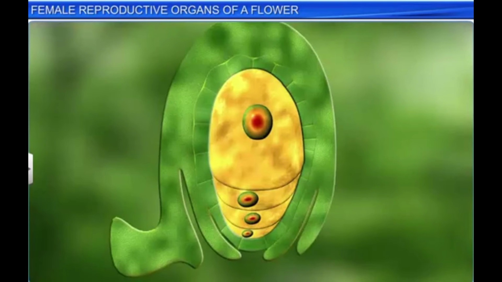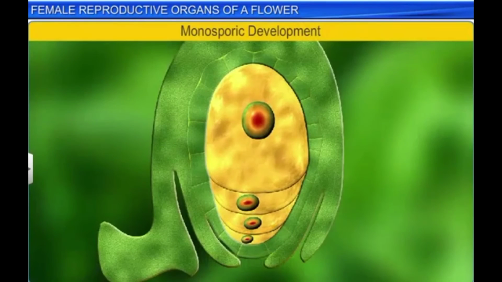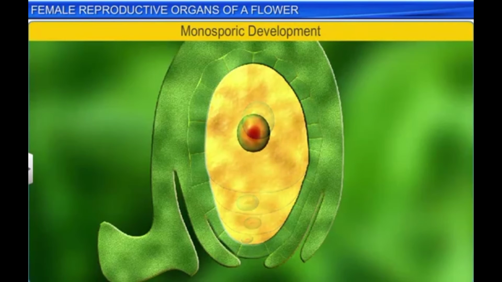Of the 4 megaspores, usually the one near the chalaza end becomes functional, whereas the other 3 near the micropylar end degenerate. The functional megaspore enlarges and simultaneously undergoes mitotic division to form an embryo sac.